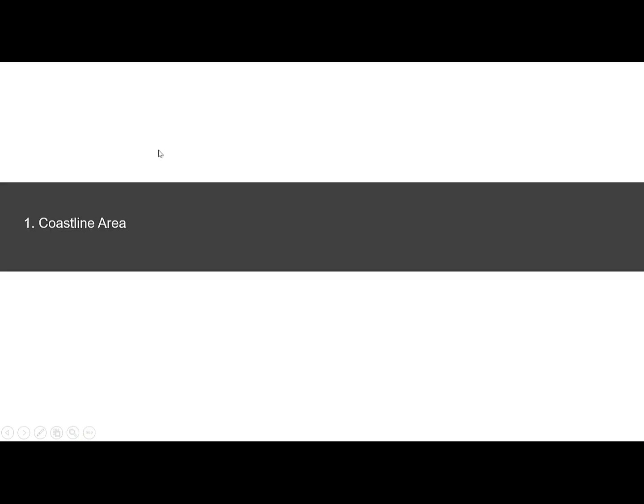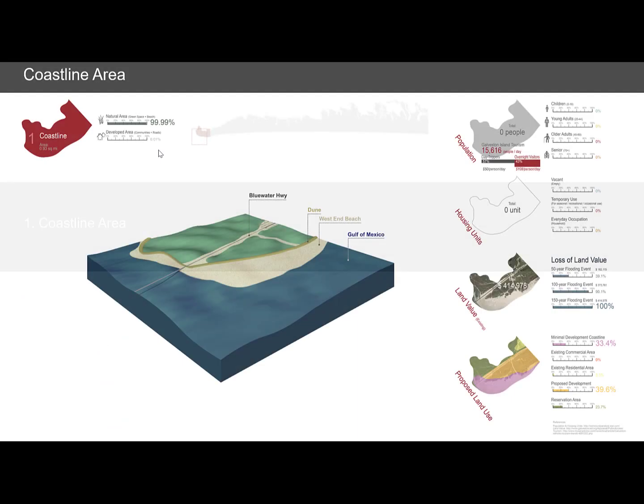Okay, so I want to give you a little bit of what we were looking at here. We did some analysis on the population living here, the total amount of housing units, the land value, and the proposed land use. They're different across each site. Obviously, there are no housing units in this area because it's all giant beach sand.